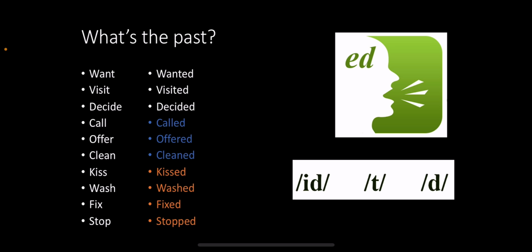Kiss, wash, fix, stop, and there is no vibration. So when there is no vibration, I'm not using my vocal cords, and I'm going to pronounce the ed as a t. And that is how we pronounce the ed in three different ways.